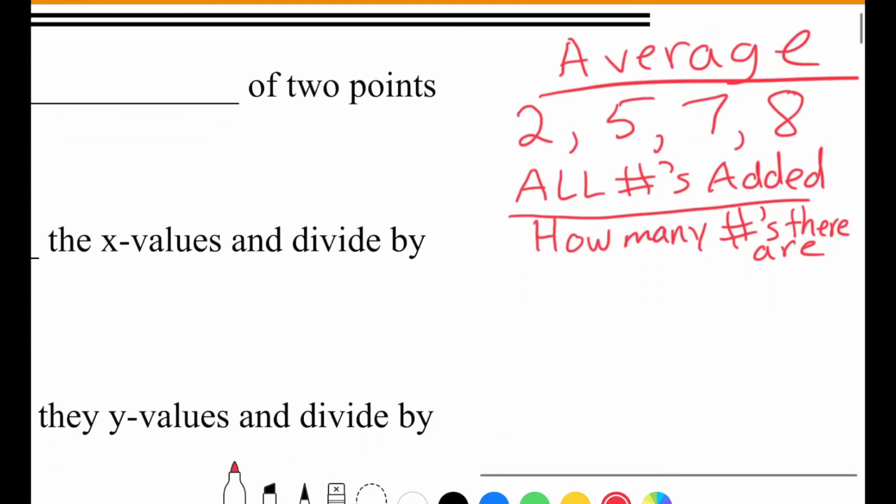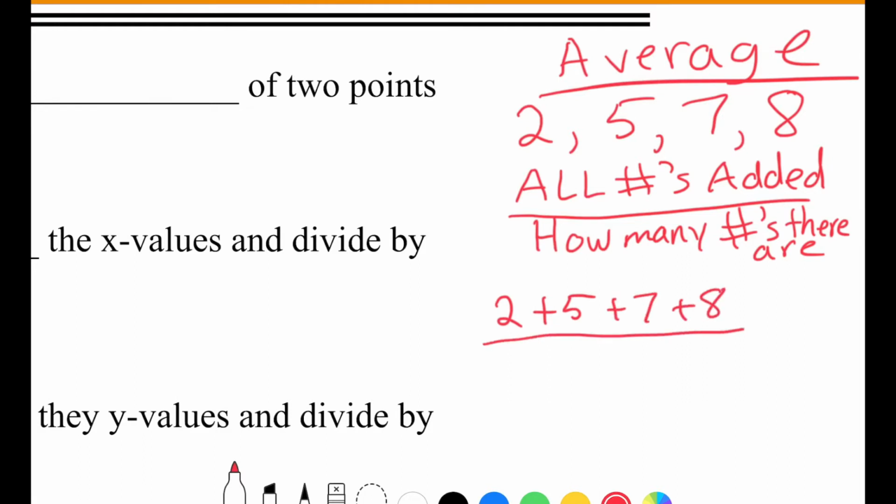So in this case, we would take 2 plus 5 plus 7 plus 8, and there are 1, 2, 3, 4 numbers, so we would divide by 4. And then we would simplify. So 2 plus 5 plus 7 plus 8 is 22. So we'd have 22 divided by 4, which if you put it in your calculator, you simply get 5.5. So that would be the average of the numbers given.